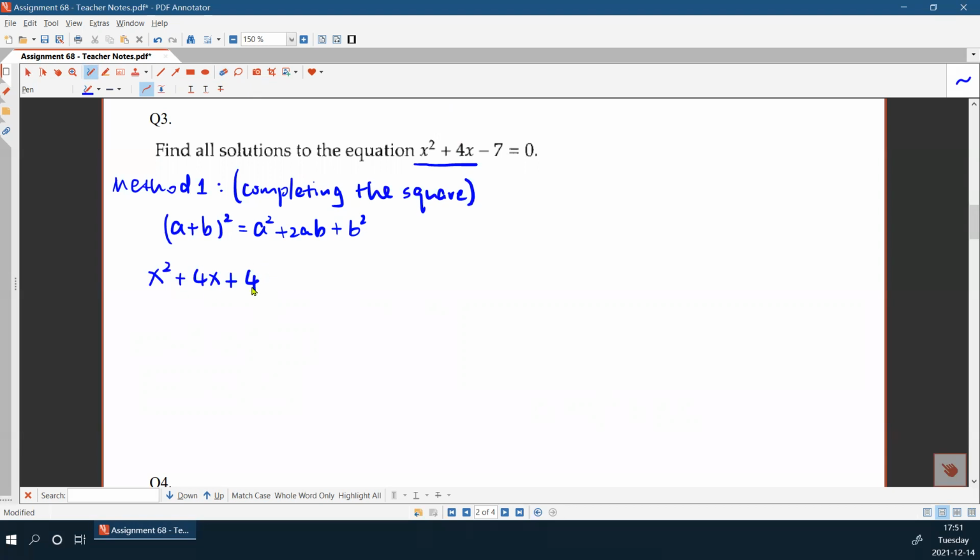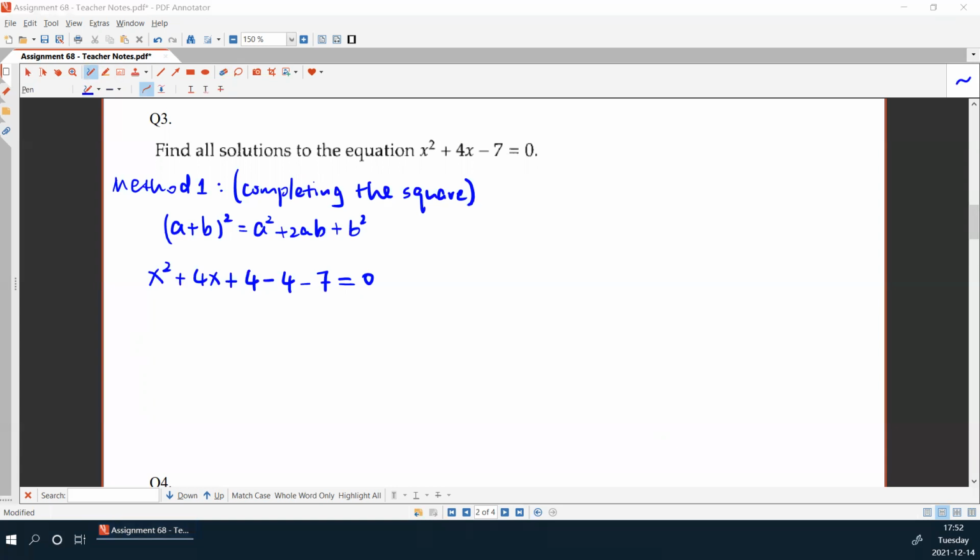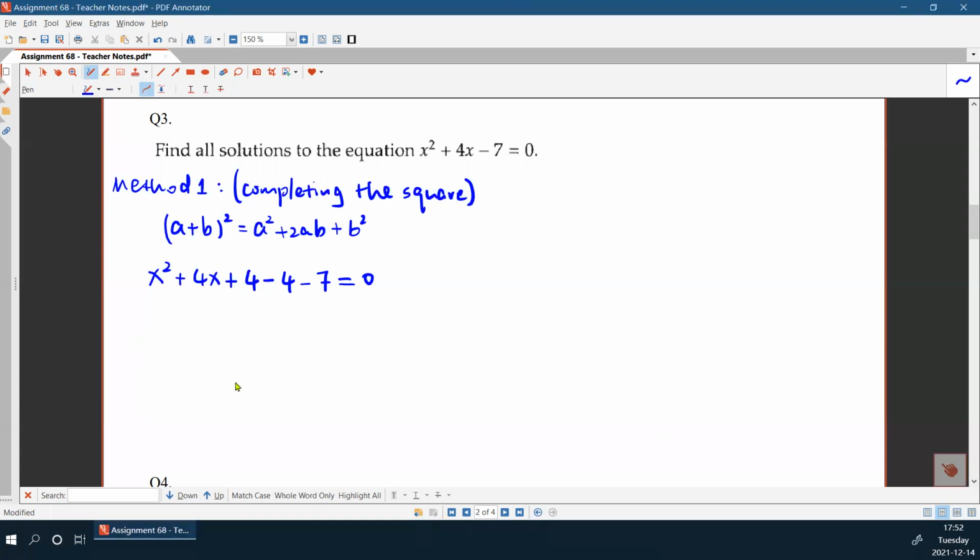And because there is no constant term 4, we need to subtract it in order to make the equation equivalent and copy the rest of the equation here. So this equation is equivalent to the original one, right? Can you see that? And by rewriting it like this, we can use the formula in the first part of the equation.